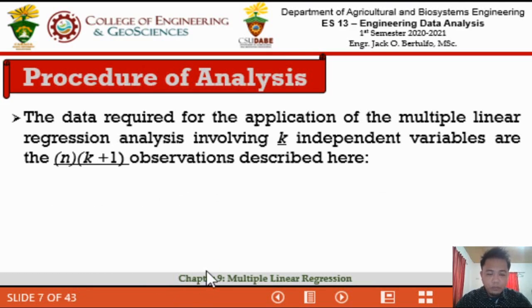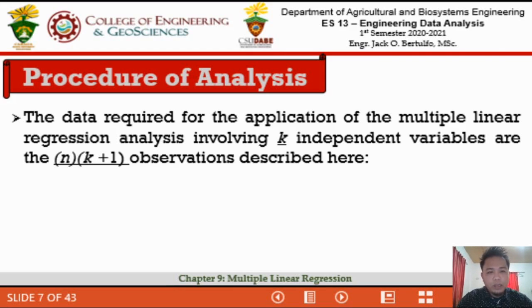Okay. Next. So that's the short introduction of what a multiple linear regression is. So let's proceed now to the procedural analysis, how to come up with an equation or a model for a multiple linear regression.